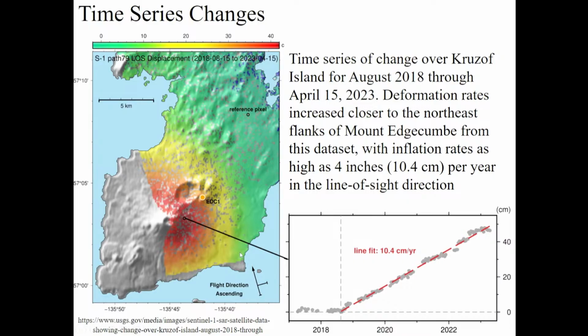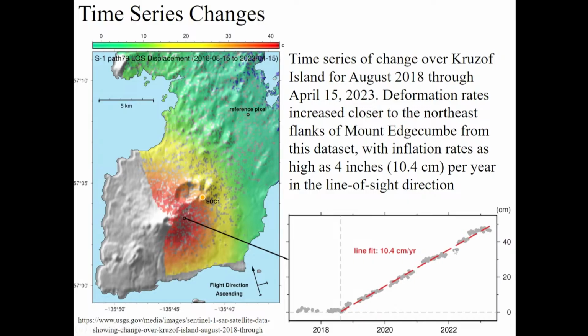You can see that the deformation increased closer to the northwest flank of the mount. From this data set it is clearly visible, and the inflation rate was approximately 10.4 centimeters per year in the line of sight direction.